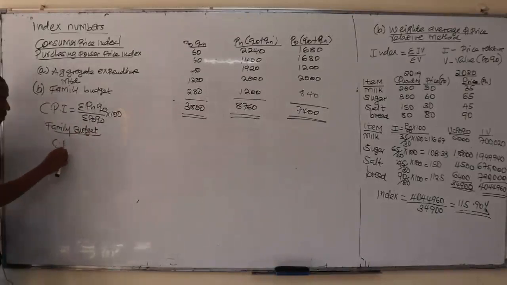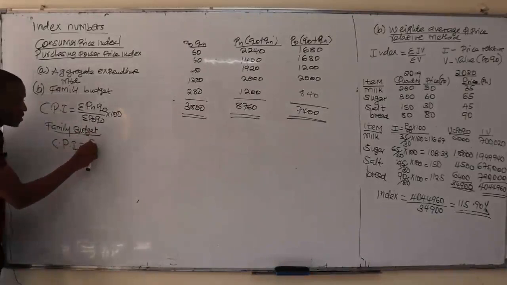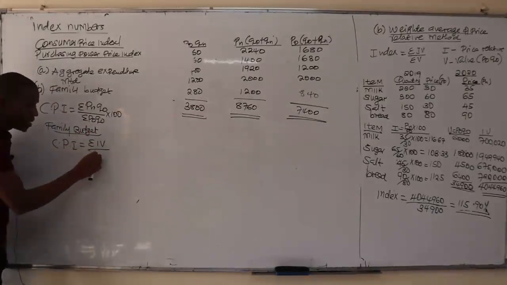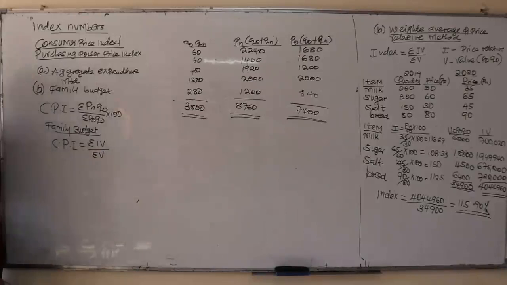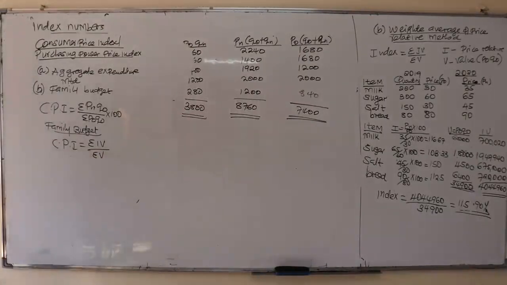Whereby you get the summation of IW, you divide by the summation of W. Are we together? Yes. So these two are the same, it's not different. So with that, these are the questions that you do as assignment.